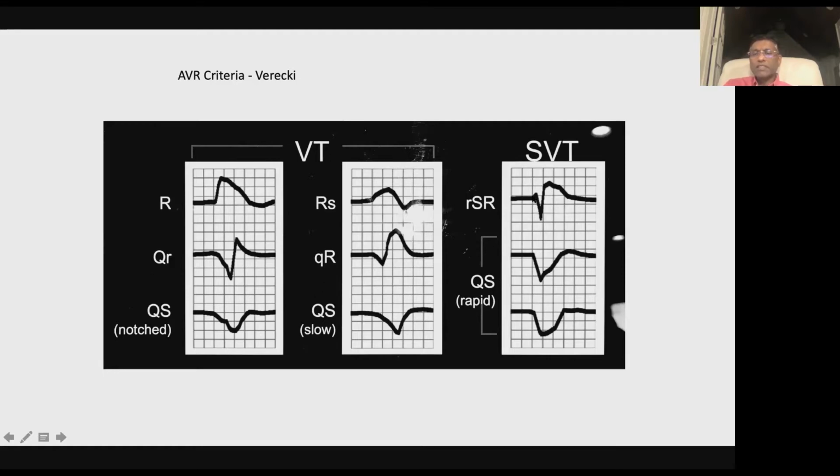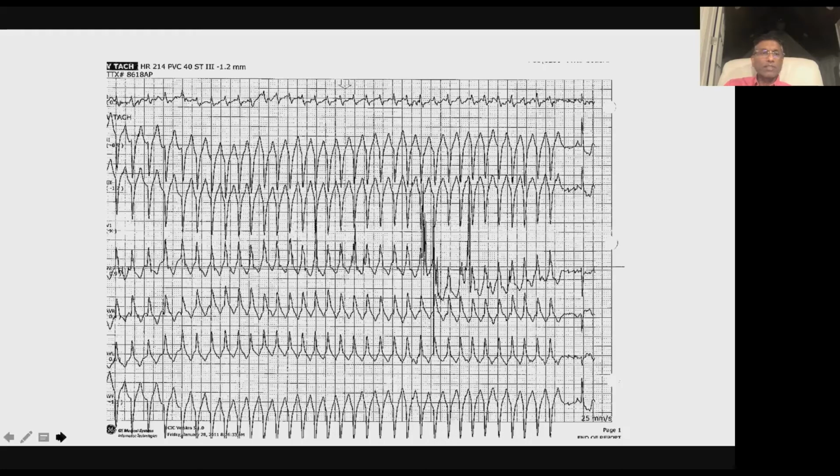What is an SVT in AVR? RSR prime looks like a typical right bundle, or sharp downstroke like a typical left bundle. If you read the paper, it will drive you a bit batty because it's a bit confusing. I asked somebody to read it and they got pretty dizzy looking at it. So I think the picture is worth 1,000 words.